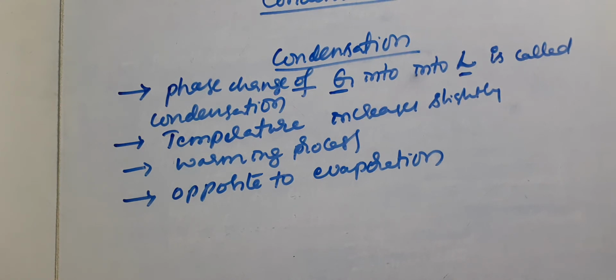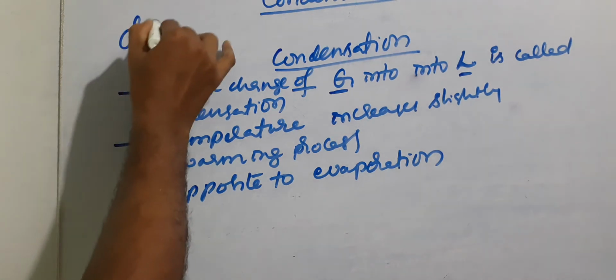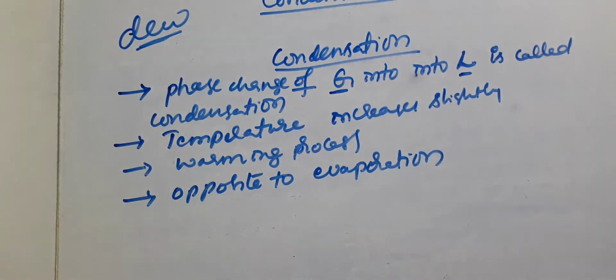This happens generally in the atmosphere, in nature, when the temperature of the atmosphere decreases greatly. So water vapor present in the atmosphere will be cooled and changed into droplets of water. Those droplets can be called dew. The dew can settle on the leaves of plants, on the grass, on the window panes, and also on various objects like stones.